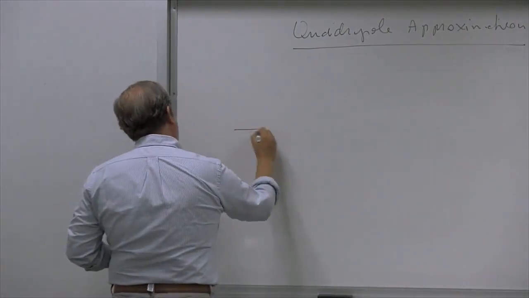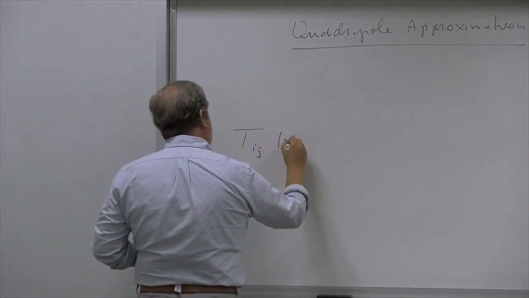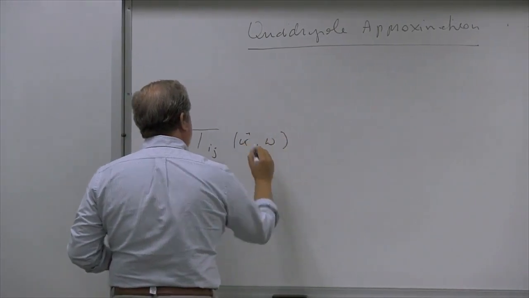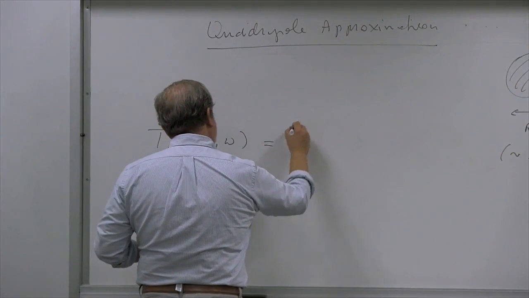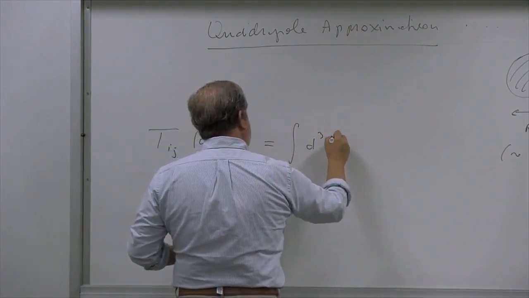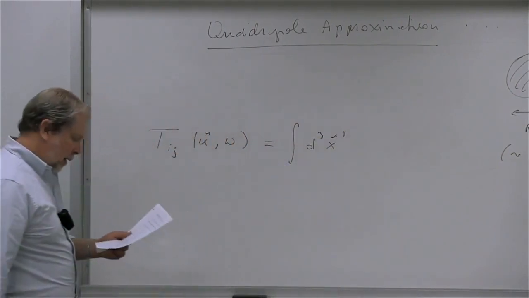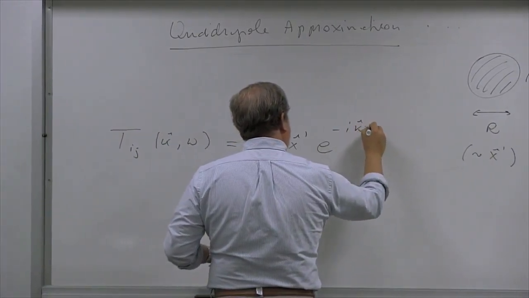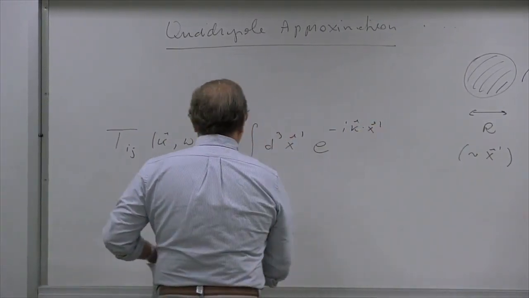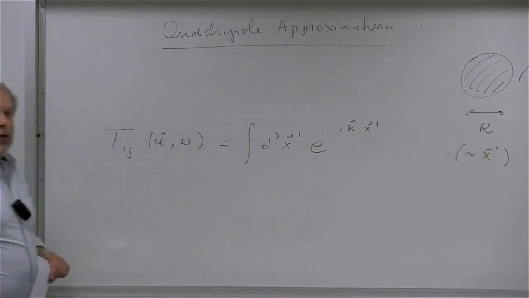So for example, if we look at the Tij of k and omega, this is given by the integral in d3x prime of e to the minus i k dot x prime, and then, well, it's the standard definition of Fourier transform.